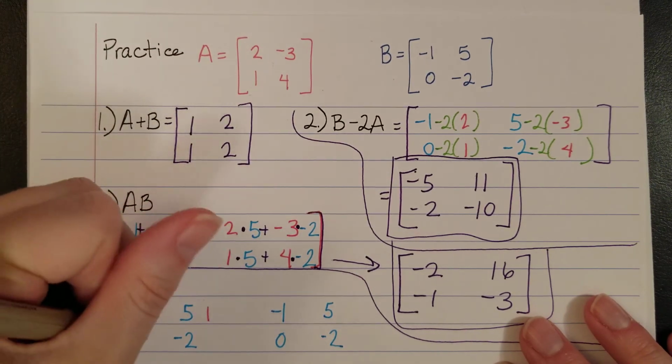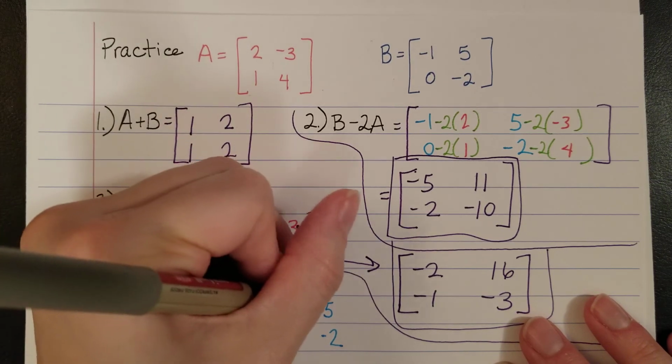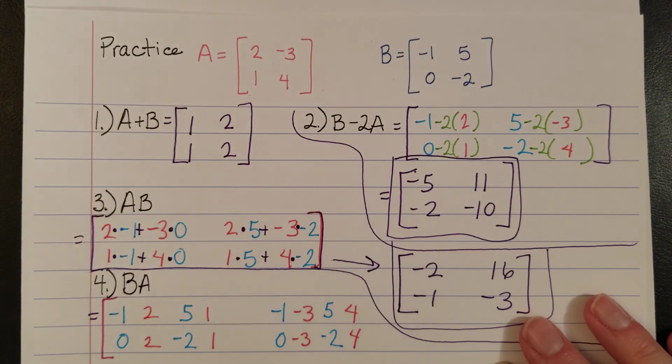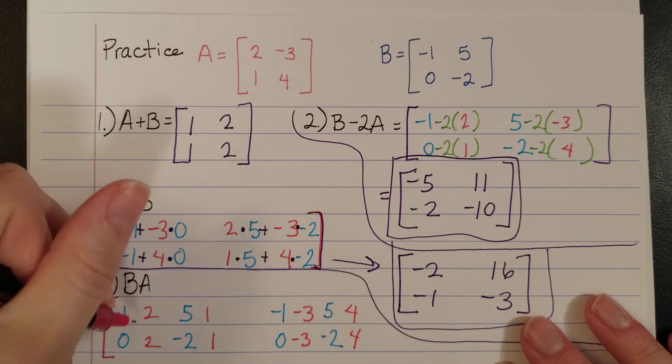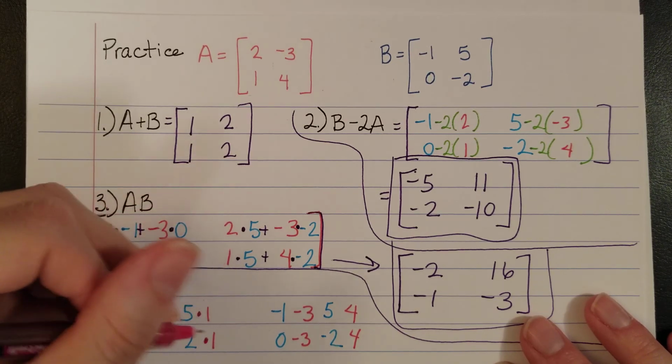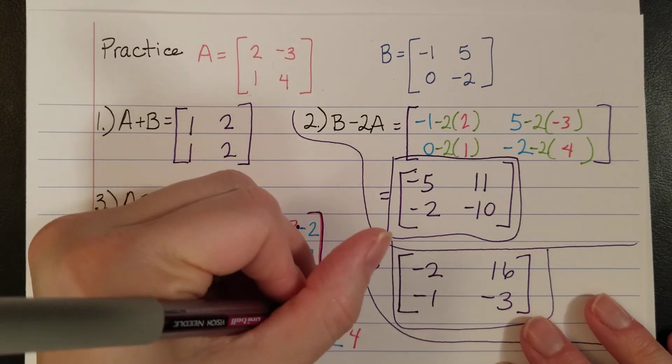So 2, 1, 2, 1, negative 3, 4, negative 3, 4, and times plus times, times plus times.